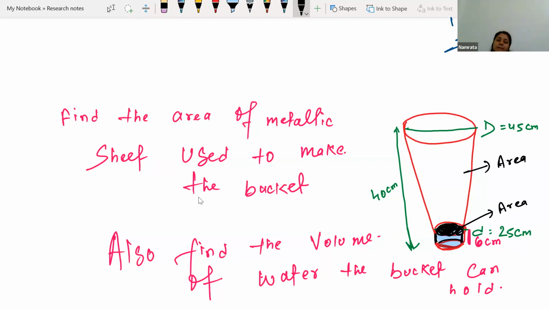Getting it? Yes, ma'am. And the bottom one is cylindrical, just to give it a hold, just to keep it firmly on the ground, like the base you have seen on most tables. Have you seen?